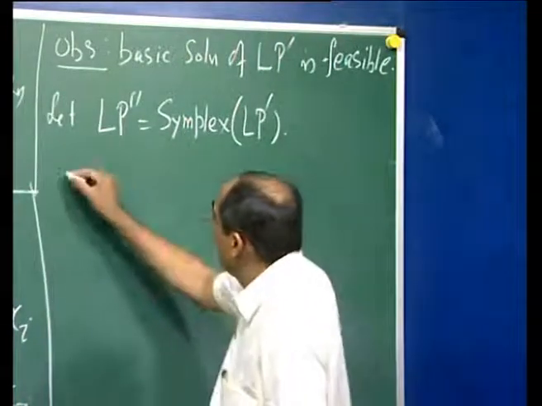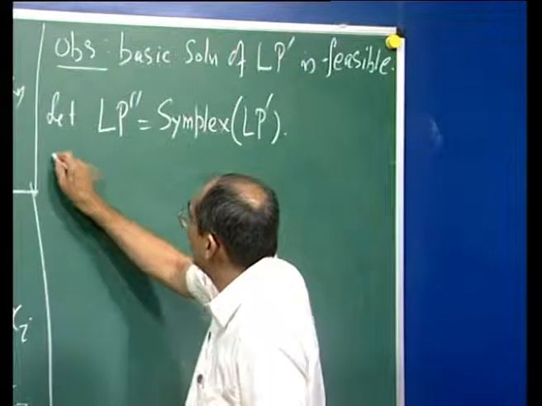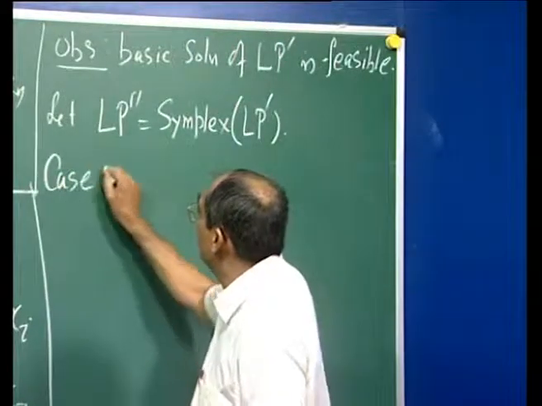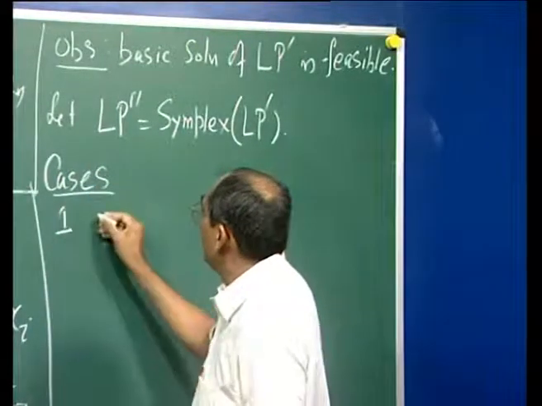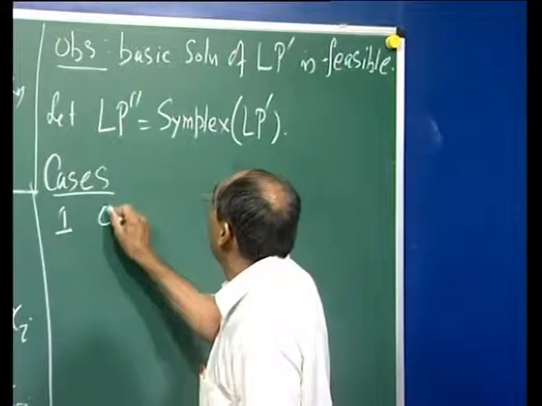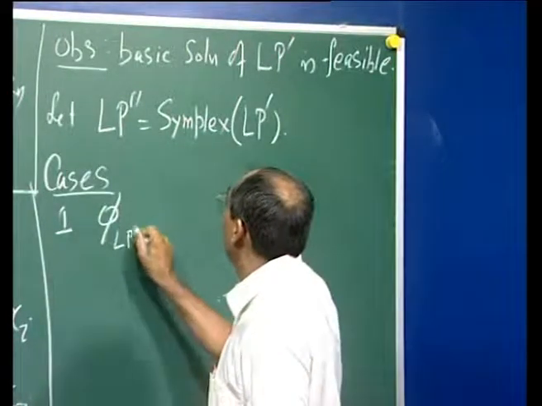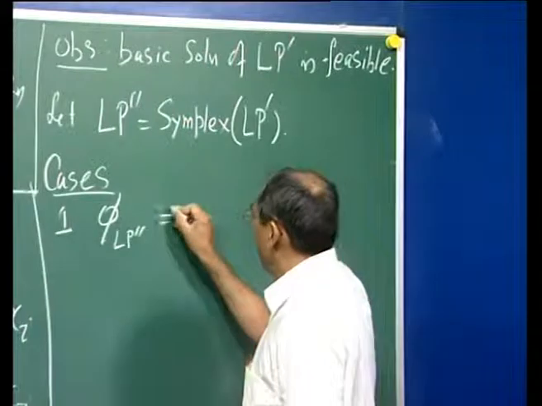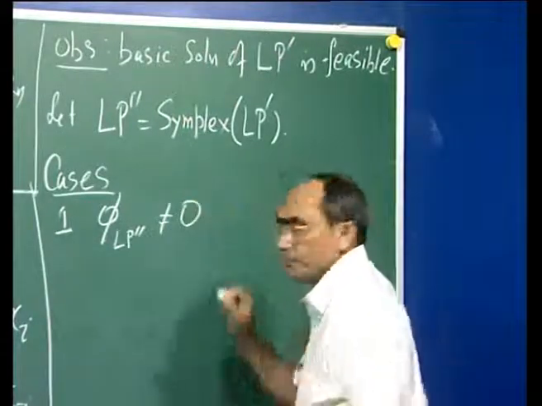So now we have two possibilities. Case 1, the phi value of LP double prime is not 0.